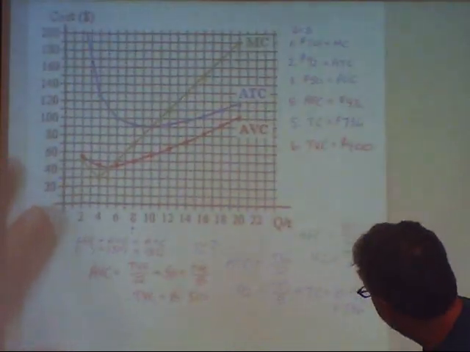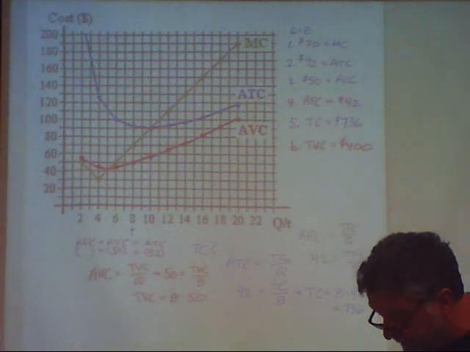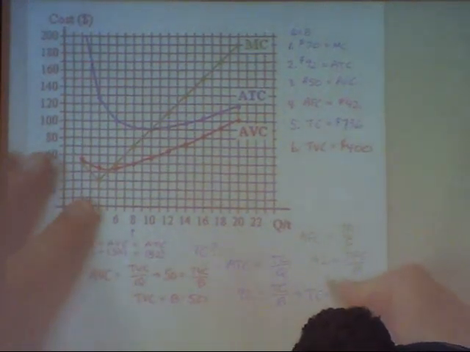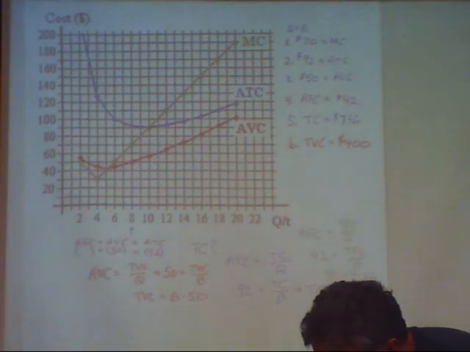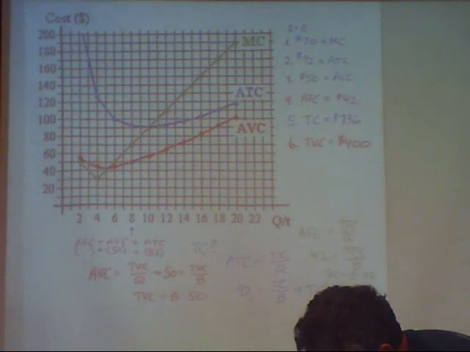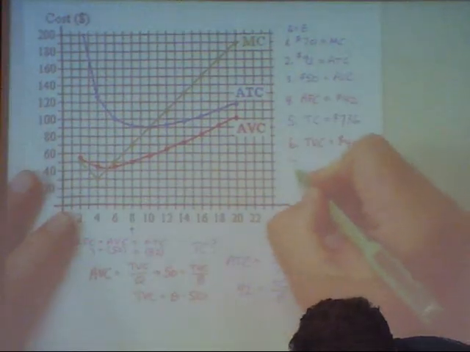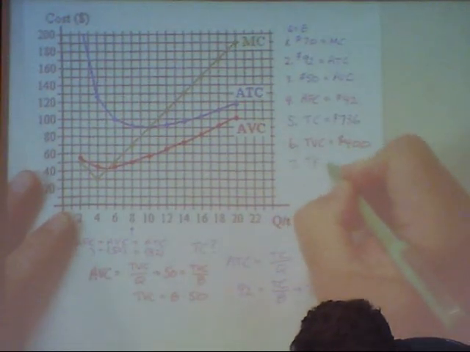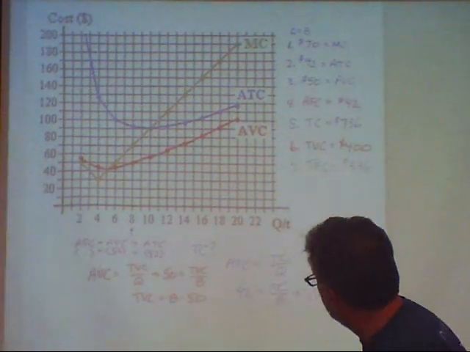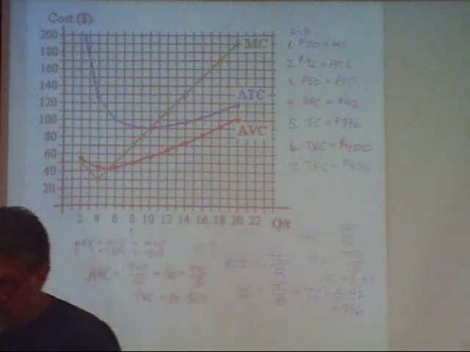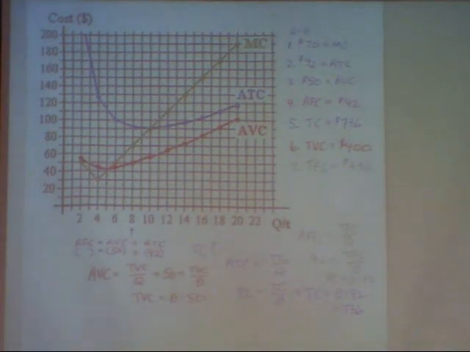And that means that fixed costs have to be 8 times 42, and that is 336. $336 is my estimate for fixed costs. These are all estimates. We're not getting these exact.